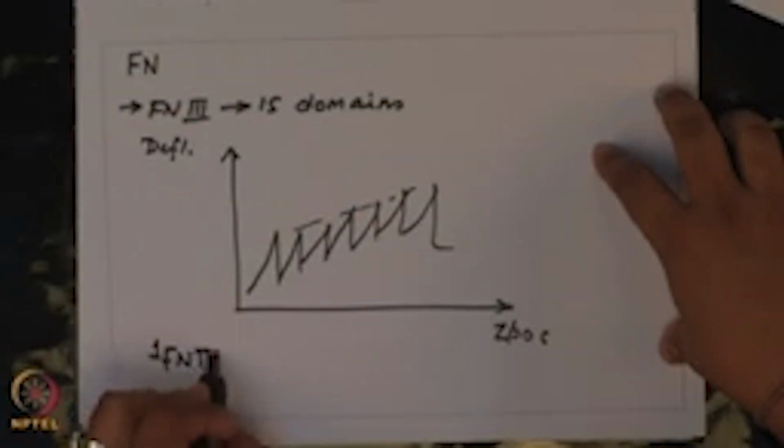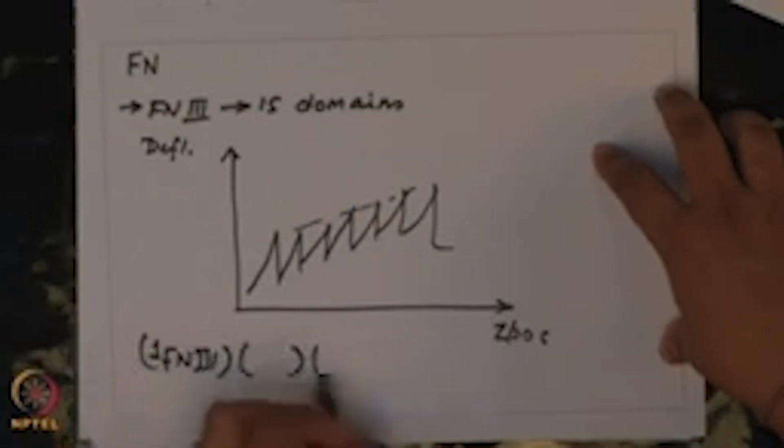For this reason you have to engineer proteins which have, let us say, domain 1, FN3, this domain repeated and so on.